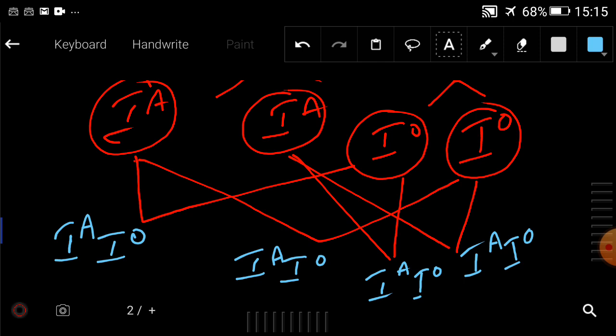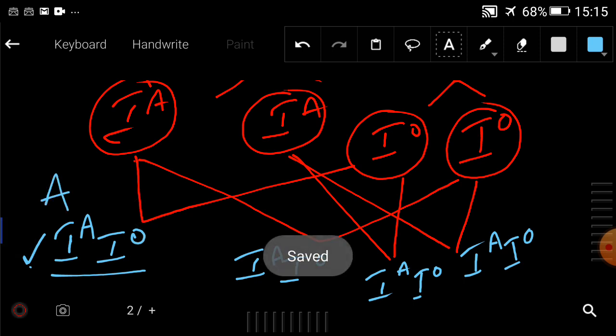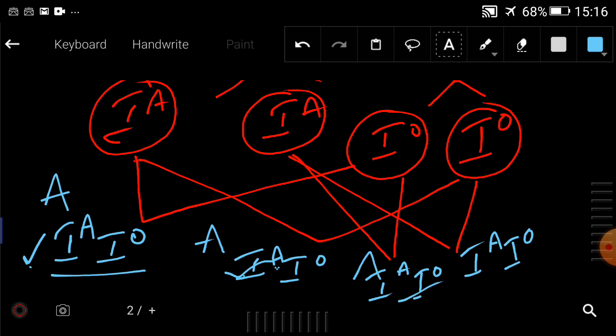So for the phenotypic expressions in the progeny, IA IO definitely expresses blood group A, because whenever the dominant trait A is there, only that can be expressed. So here also A, here also A. There is no other chance to express O, because all the progeny are IA IO, so only A blood group can be expressed.